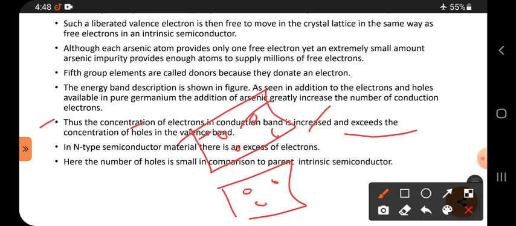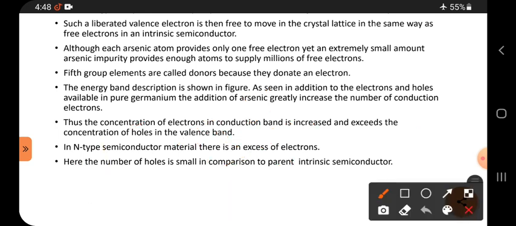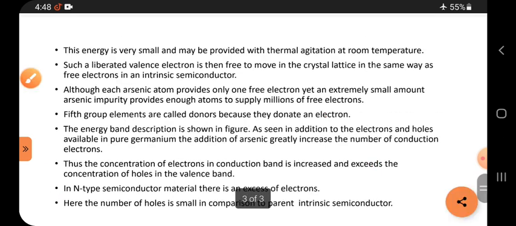Why? Because every arsenic atom can give one electron. So here more electrons means negative charge is present, and that is why we call it n type. In n type semiconductor material there is an excess of electrons. Here the number of holes is small in comparison to the parent intrinsic semiconductor. Yes, holes are very few.